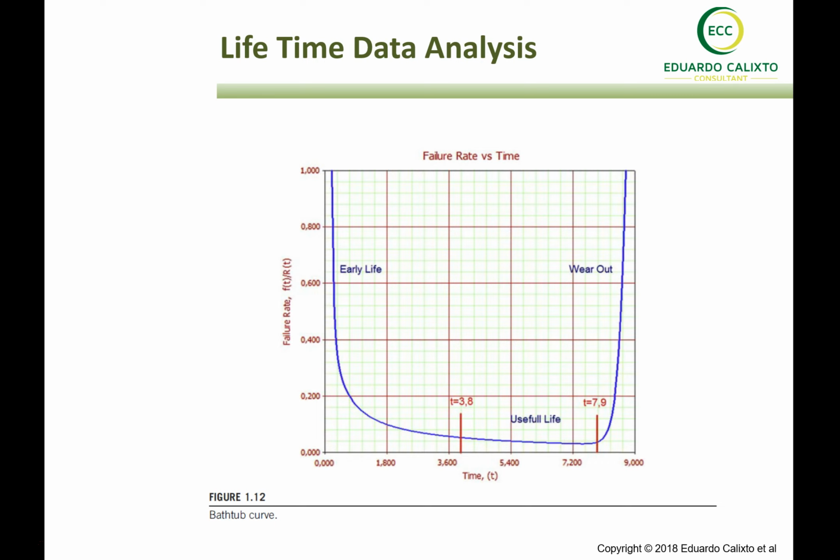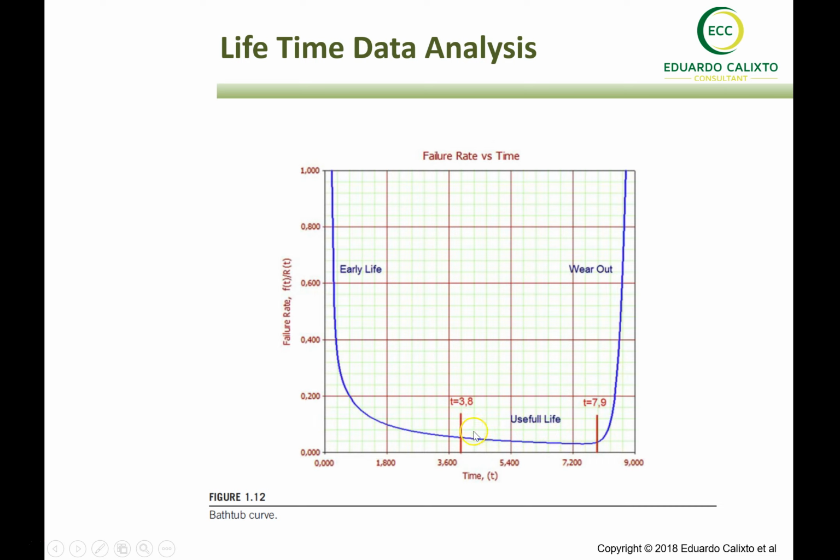And we need to understand that in some cases for electronics equipment, that is the pattern of how such equipment failures behave along the time. But for mechanical equipment that has degradation and wear out, the effect of preventive maintenance keeps such equipment in this useful life for a very long period of time.